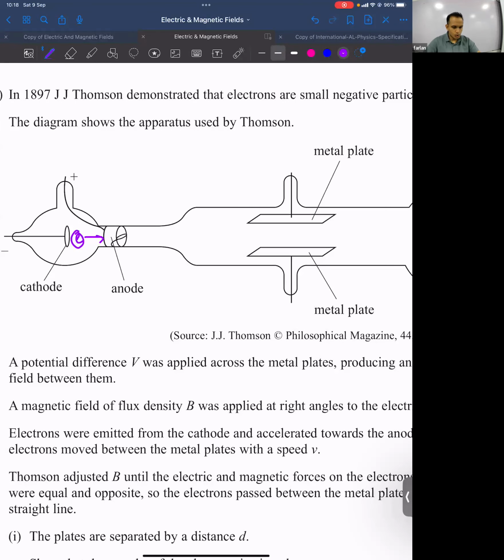He has changed the potential difference between the cathode and anode to whatever value he wants, to give whatever acceleration he wants to the electrons. So these electrons got a speed and they moved between the metal plates with a speed v.